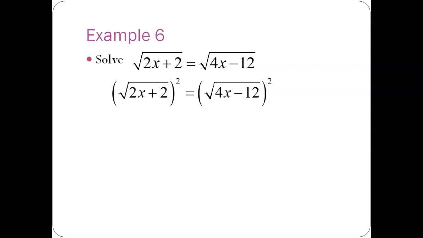That's going to leave us with 2x plus 2 on the left and 4x minus 12 on the right. And then we can subtract 2x from both sides, add 12 to both sides, and we get 2x is equal to 14. We'll divide both sides by 2, and that gives us x equals 7. So that is my answer.